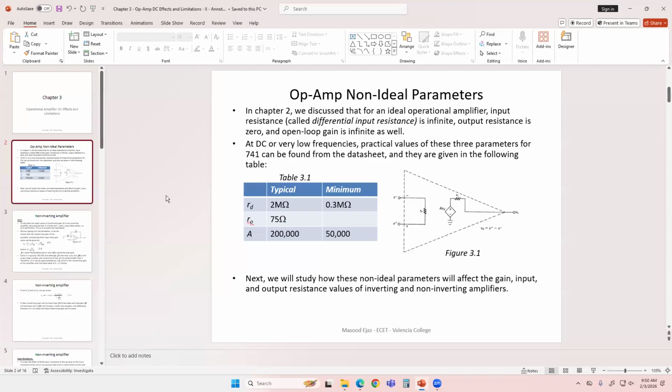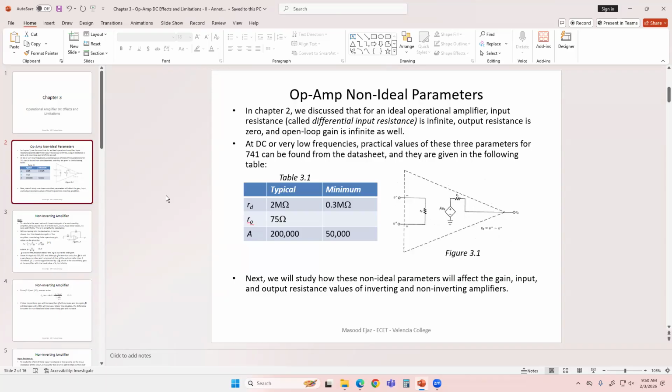If you look in the data sheet of 741, you will see these values. The typical value of your open loop gain is about 200,000, and the minimum value is 50,000. So very large values. And generally we use the typical value, which is 200,000, if we have to use that.